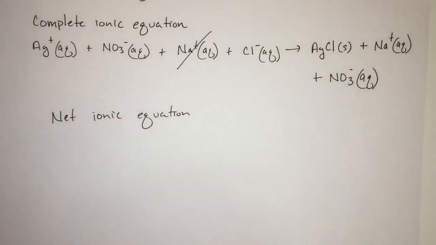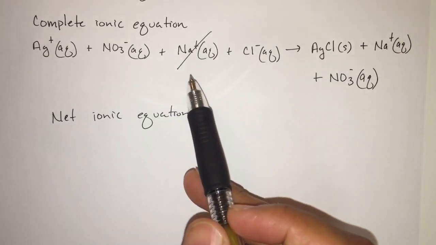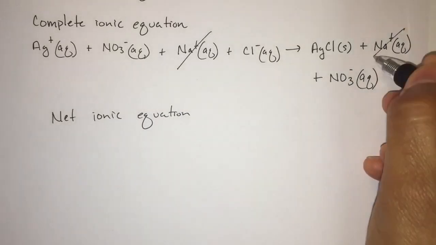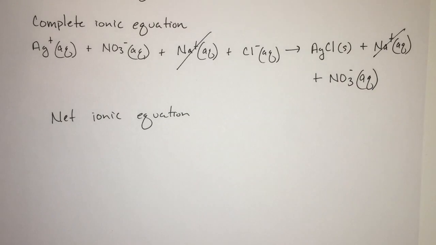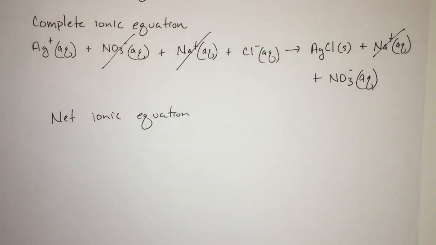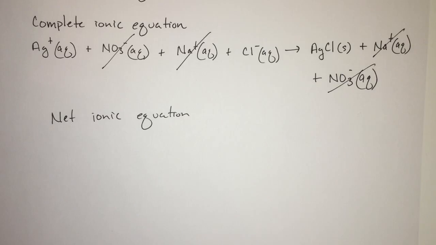The sodium aqueous is present on the reactant side. Notice that in the end, after everything has mixed, we still have sodium aqueous. You also see the nitrate. It's aqueous at the beginning, and then after the solutions have mixed, the nitrate is still aqueous.